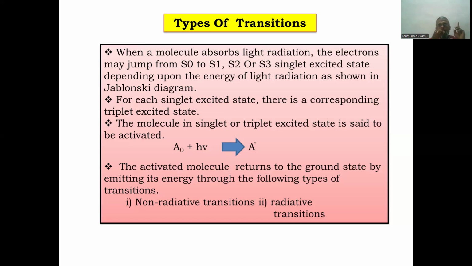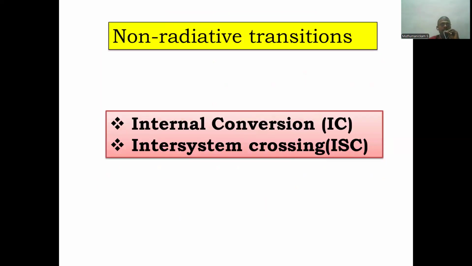The activated molecule returns to the ground state by emitting its energy through the following types of transitions. There are two types: non-radiative transition and radiative transition. First, let me talk about the non-radiative transitions.